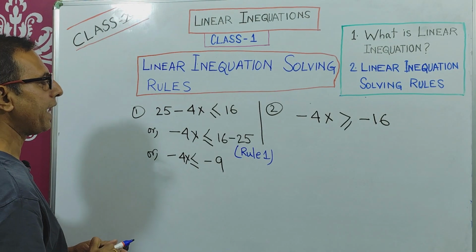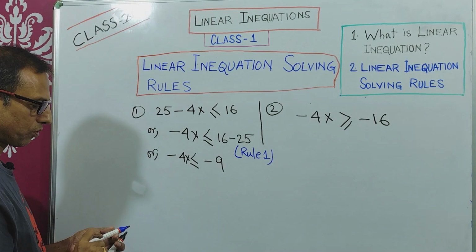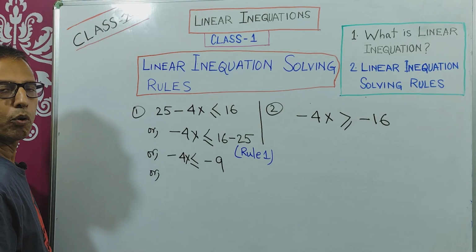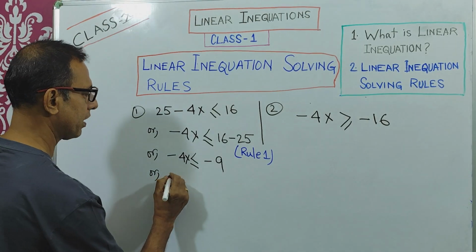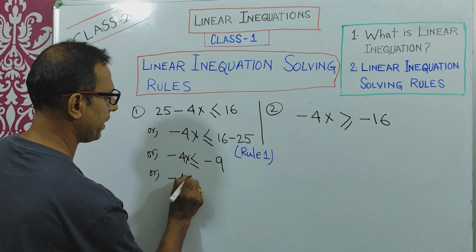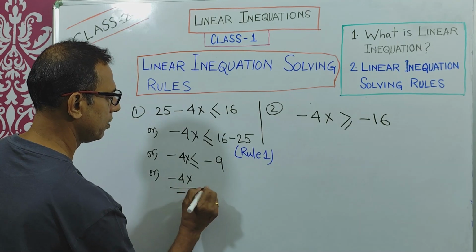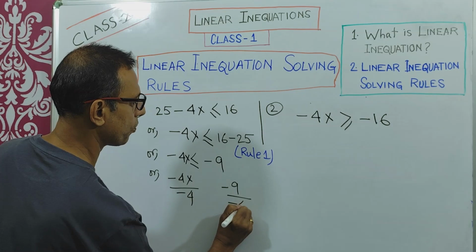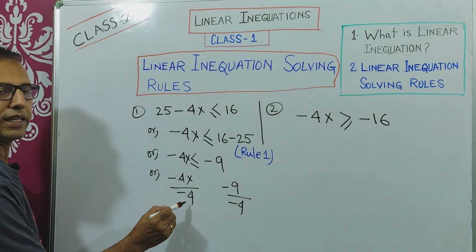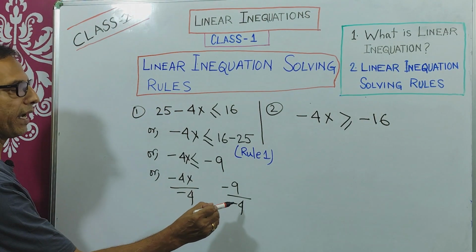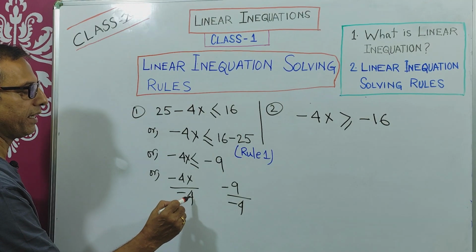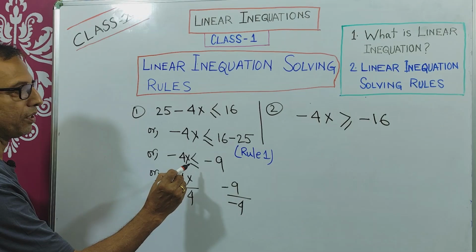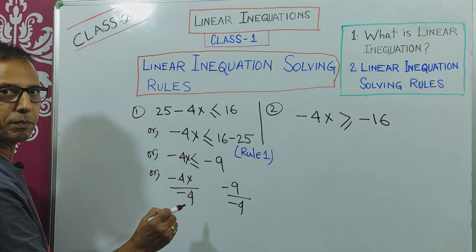Now you need to find out x. So it is minus 4x. What will you do? You will divide both sides with minus 4. That means minus 4x by minus 4, and this side minus 9 by minus 4. Since you are dividing both sides with negative number minus 4, what was rule number 3 as per this video?